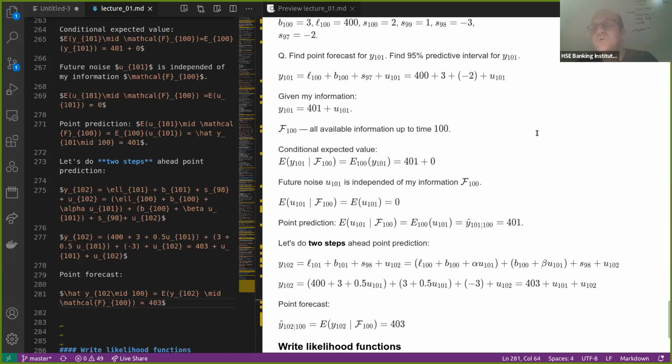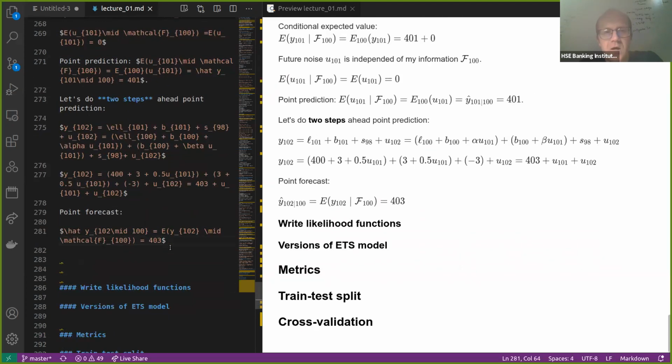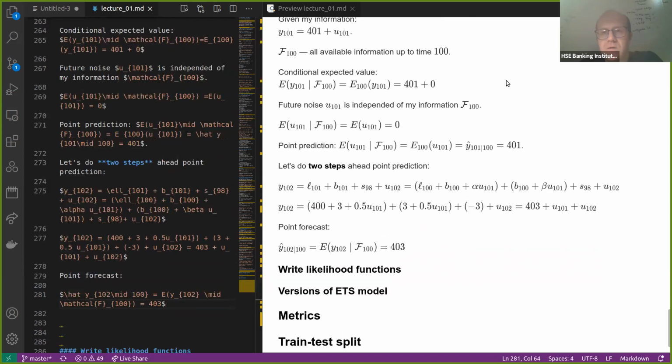Now let's move on to interval forecasts. So basically, what do we have? U101 is not 0. No, it's not 0. I don't say it's the forecast. Forecasted values are 0. Maxim, you are not right. U101 is not 0.